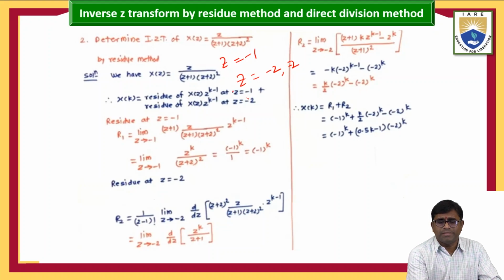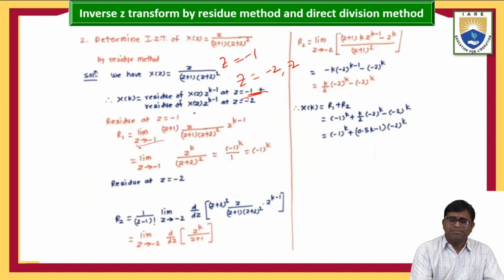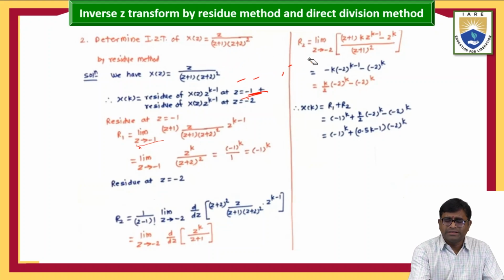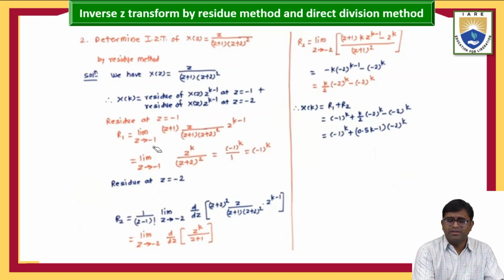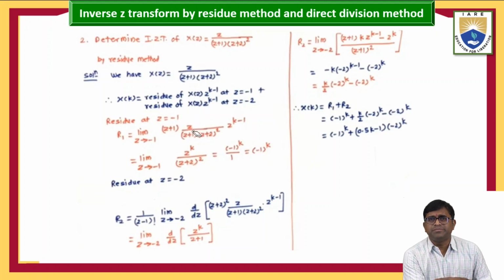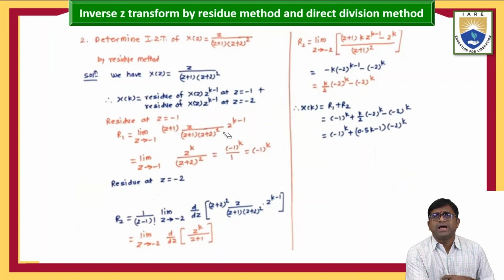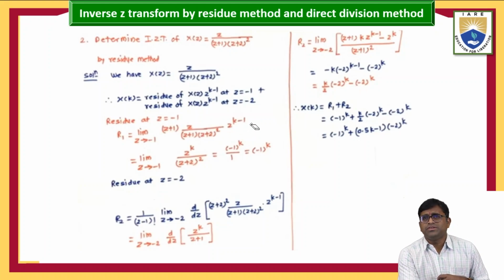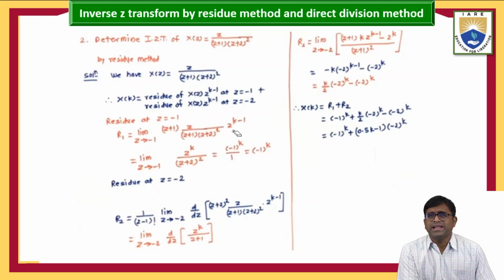Limit z tends to minus 1 of z plus 1 into the total function z by z plus 1 into z plus 2 whole square, into z to the power of k minus 1, the residue formulation.